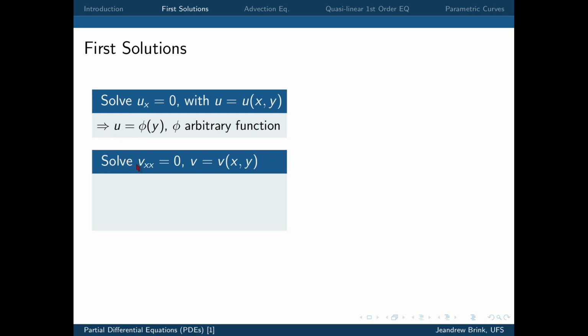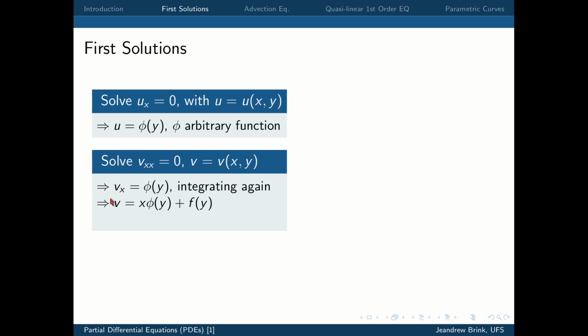Similarly, let's solve vxx equals 0, where v is a function of x and y. What we can do then is simply make the problem simpler. We first let u equal vx, and then u equals vx is a function of y only, and now we must integrate once more.